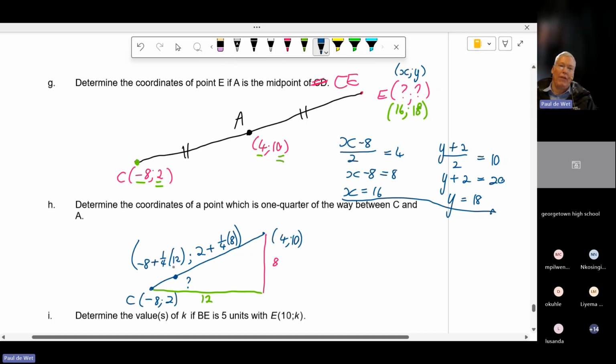And we can see, what's 1/4 of 12? We said it's 3, -8 plus 3, -5. 1/4 of 8 is 2, 2 plus 2, 4. -5, 4 is a point that is 1/4 of the way between point C and point A.